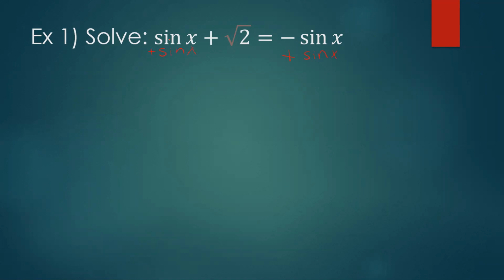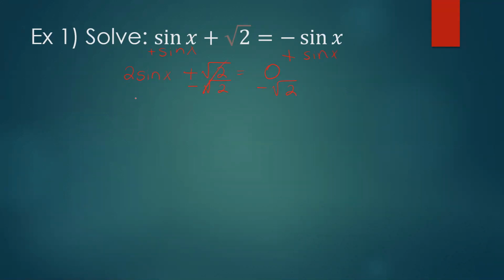When you add sine x plus sine x, you get 2 sine of x plus radical 2 equals 0. Then, because I eventually want to get x by itself, I would subtract radical 2 from both sides.